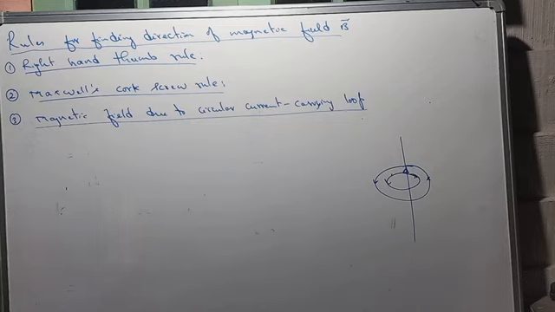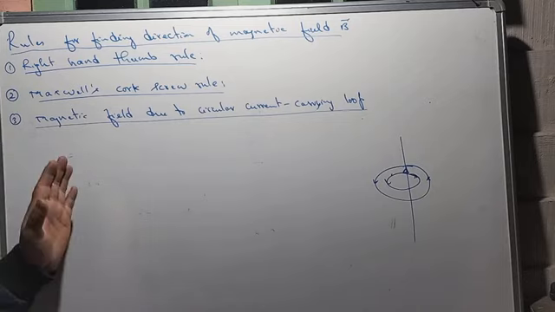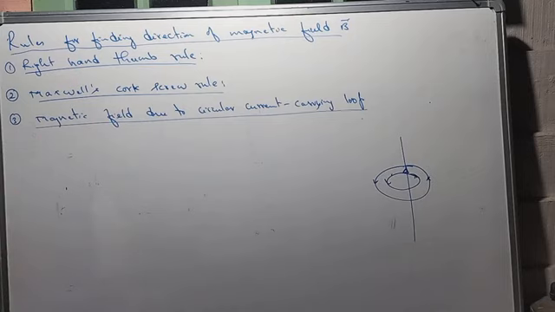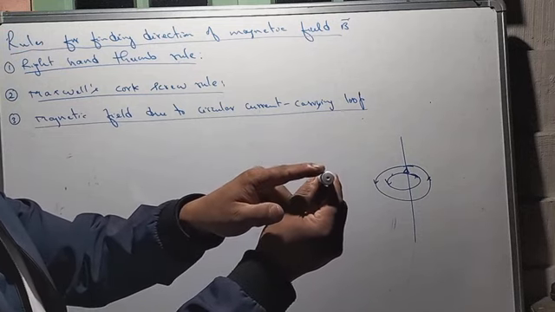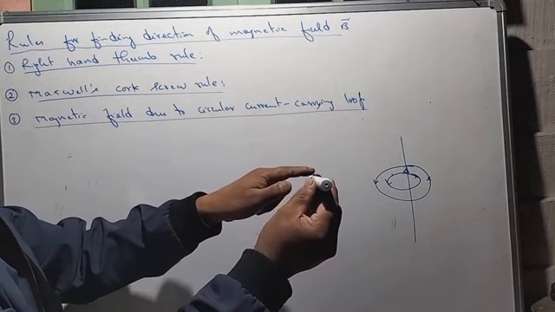Now, the second rule is Maxwell corkscrew rule. What does this rule say? According to this rule, suppose this is my right-handed screw, and this is my wire, which carries a current in this direction.